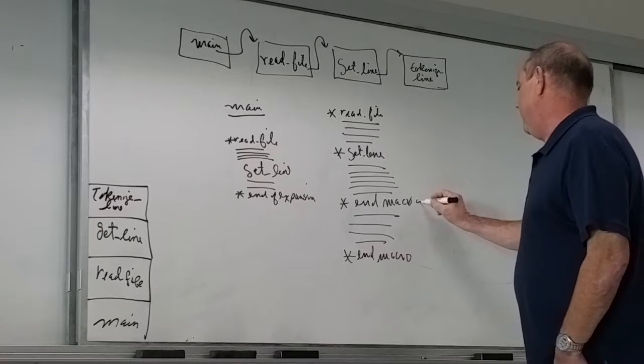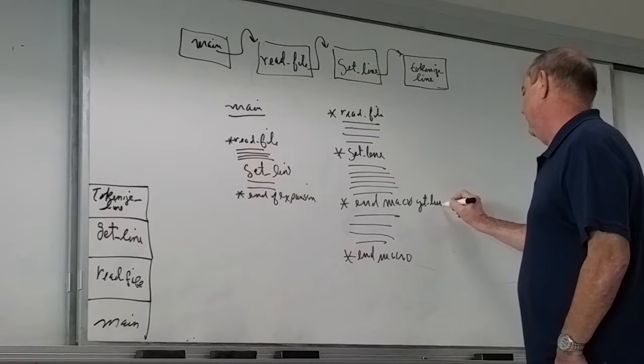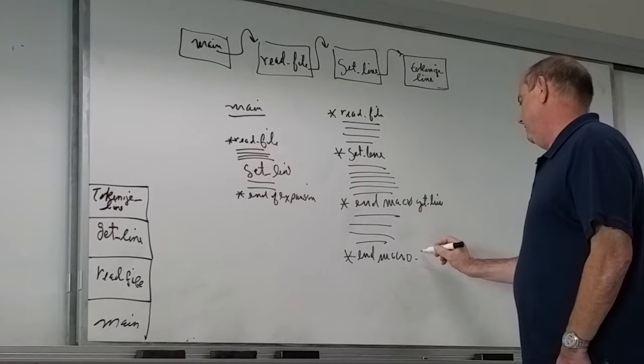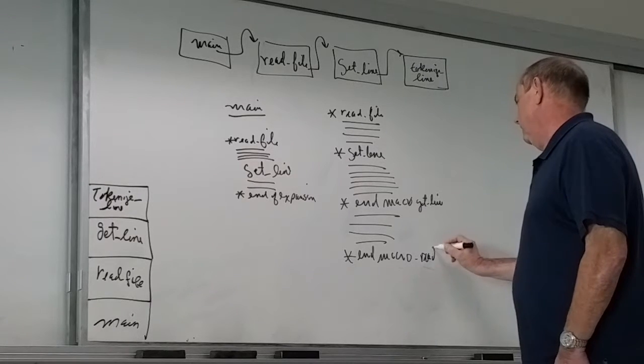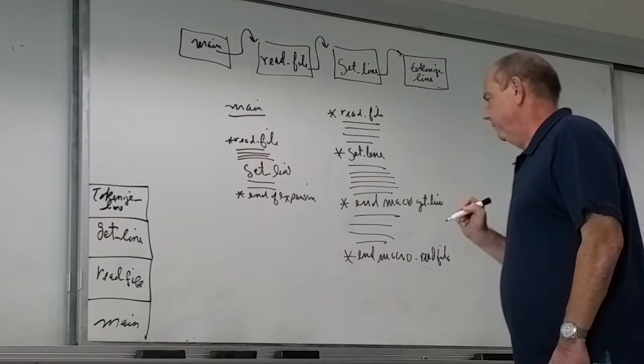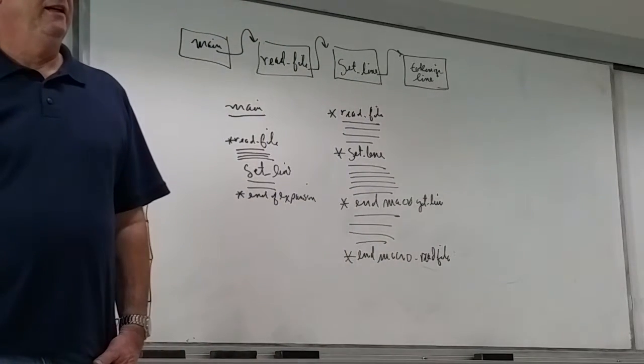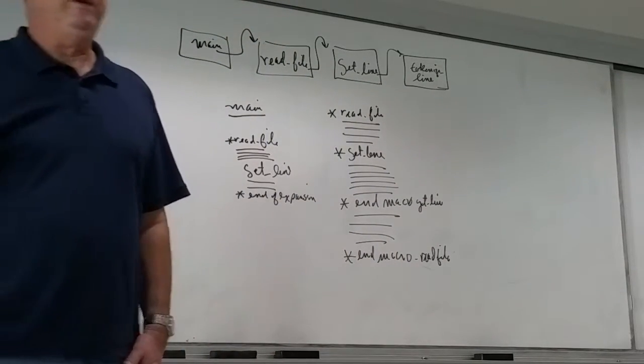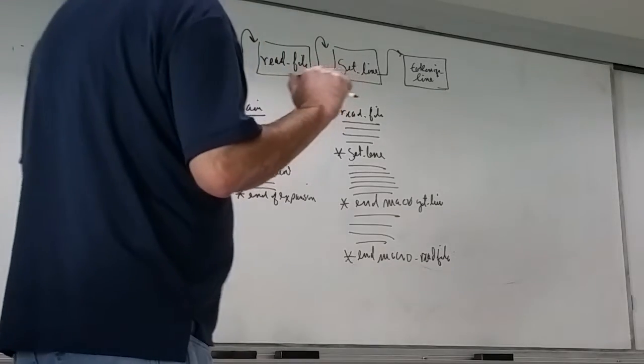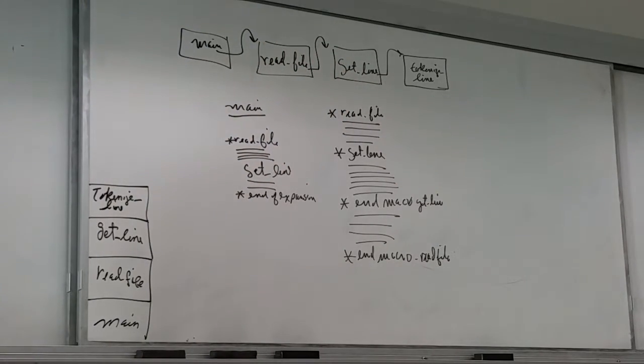This one is get line. This one is read file. Can I do that? Yes, I can. So we could keep going here. So could we actually do this thing with macros? We could. All right.